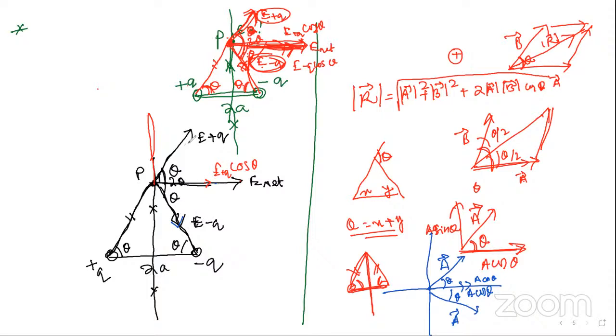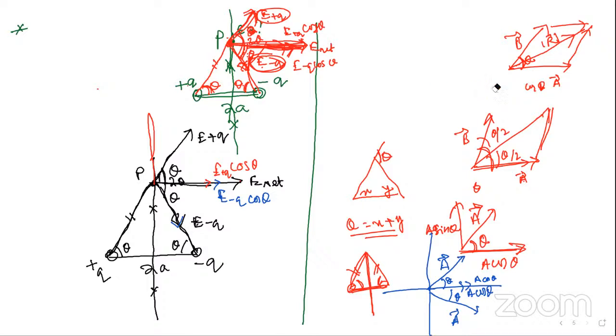Now, E plus Q cos theta will be there, and E minus Q cos theta also will be there on E net. Electric field due to minus Q charge, that is E minus Q, and it is cos theta. So the net electric field will be the sum of these two electric fields, E plus Q cos theta and E minus Q cos theta.